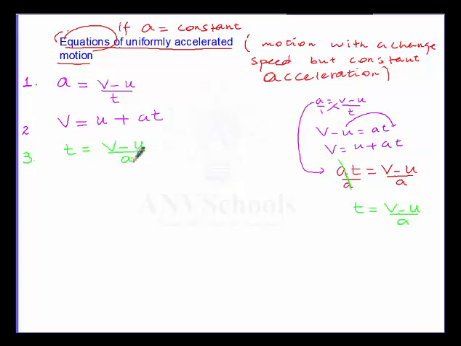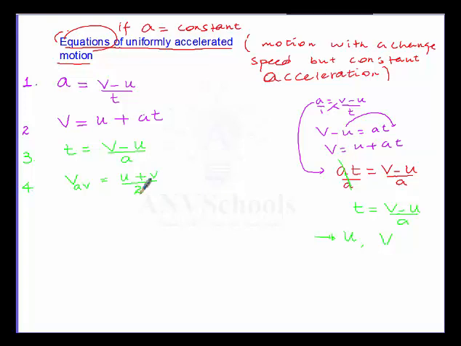The fourth equation: we know the average velocity of an object. For example, if the object has two velocities, u the initial velocity and v the final velocity, the average velocity is defined as the sum of these two velocities, v final plus v initial, divided by 2.